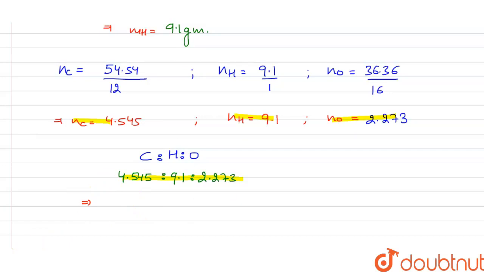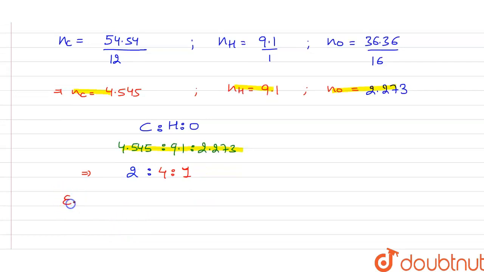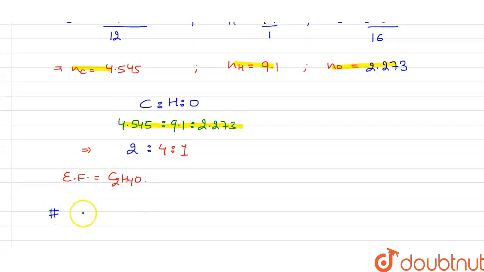On solving, the carbon will be approximately equal to 2, the hydrogen approximately equal to 4, and the oxygen will be 1. So the empirical formula will be C2H4O.